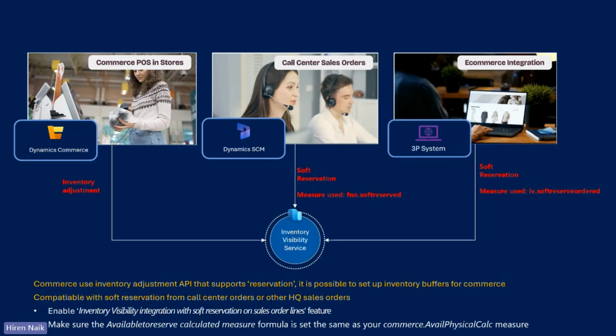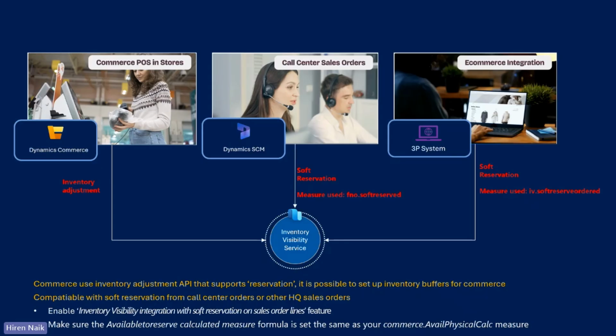Just to clarify, some of you may already be familiar that we offer different APIs from Inventory Visibility Service. The out-of-box integration between the call center, for example the sales orders in HQ or in Dynamics 365 SCM, leverages the soft reservation APIs, and the physical measure posted in this out-of-box integration is the F&O.soft reserved physical measure.